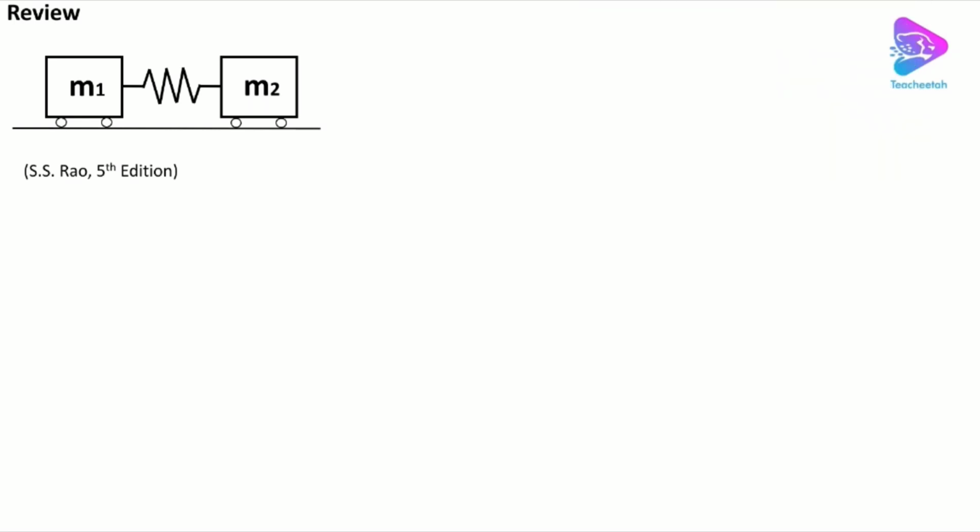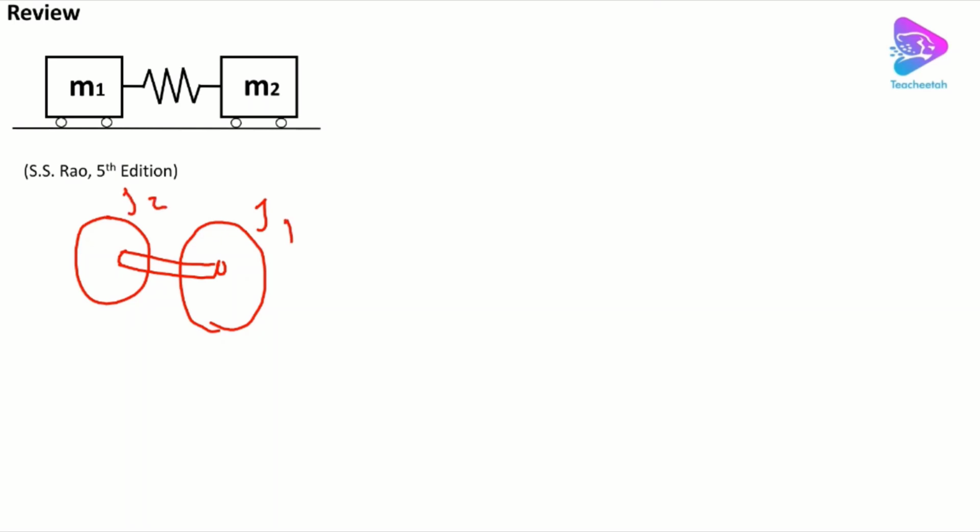And the other case that I can show you is, for example, one disc which is connected through a shaft to another disc, and each has moments J1 and J2 with respect to the center, and the central shaft.